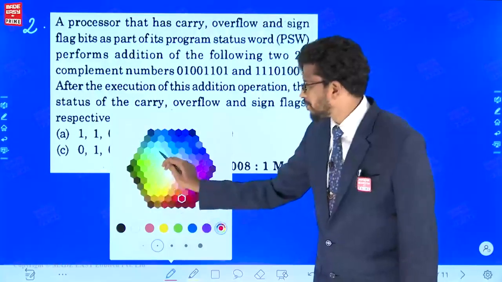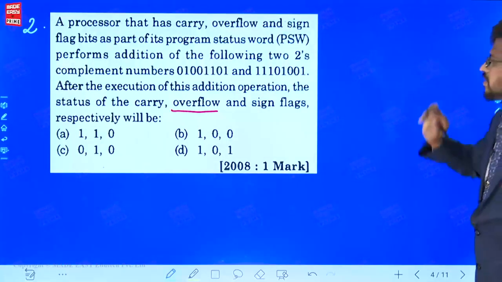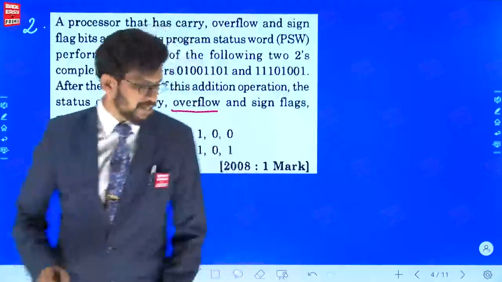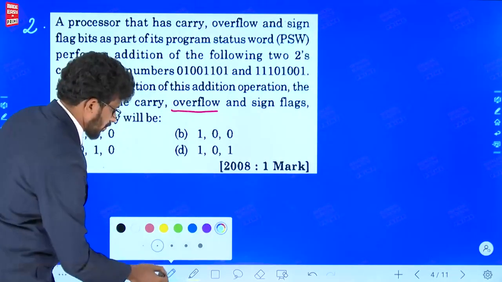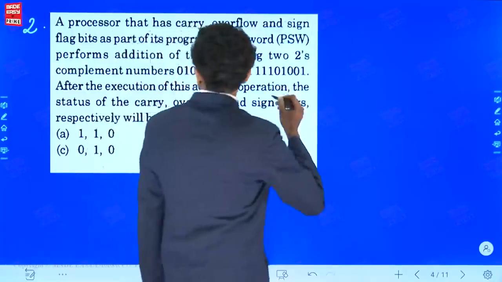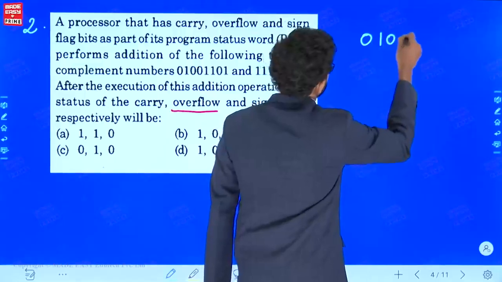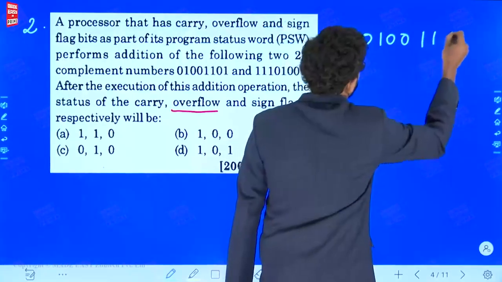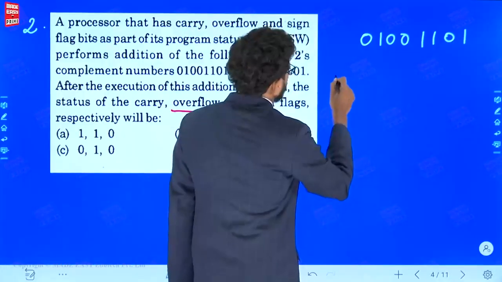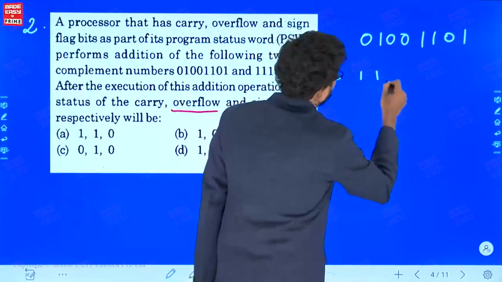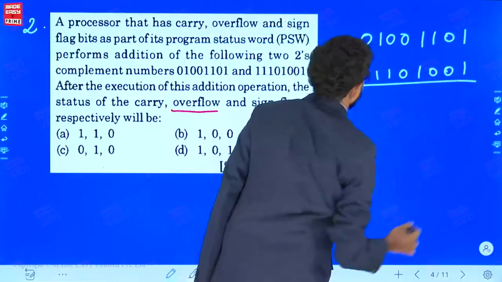So very simple. Here the data is 8-bit. The data is 4D, that is 0100 1101, and the other one is E9, that is 1110 1001.